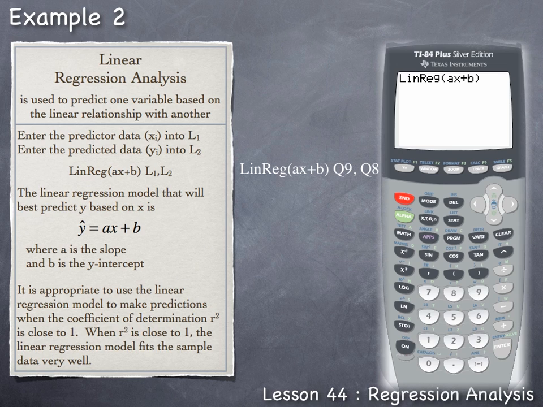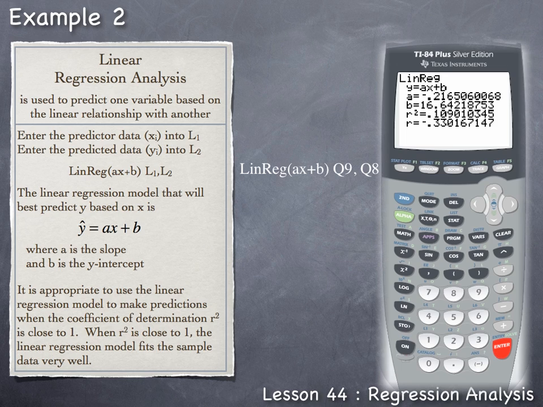To get to the lists in the student survey, we press Second List, and then we arrow to place the cursor next to Q9. Press Enter to select, then comma to separate from the next list. Second List, arrow the cursor next to Q8, press Enter to select, and now pressing Enter will execute the linear regression using the question 9 and question 8 data on the survey.